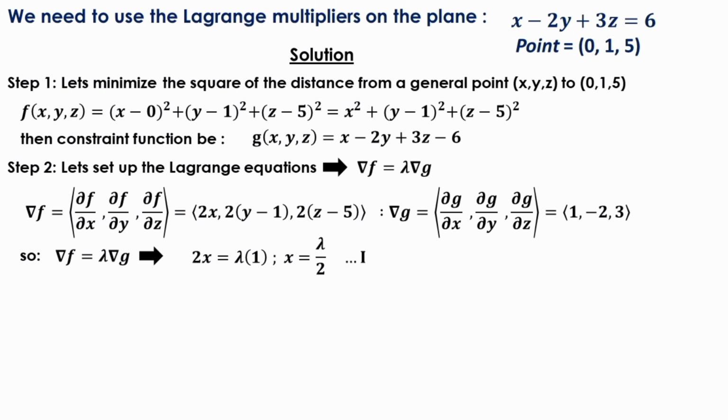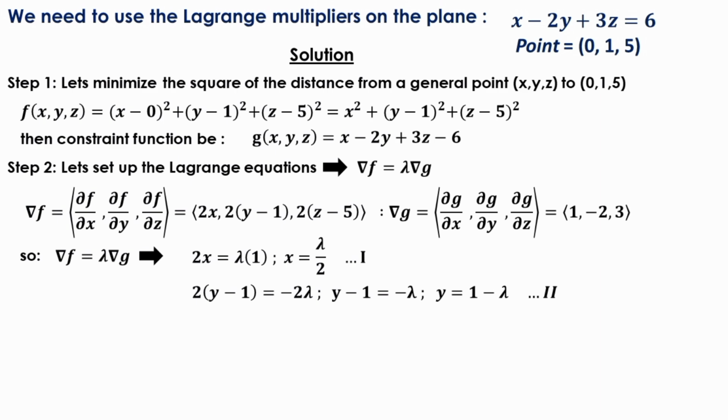We continue this process until we are done with z. We need to isolate x, y, and z so that we can insert them into the constraint function. So for x, we have lambda over 2, which is equation 1. For y, y equals 1 minus lambda, which is equation 2.